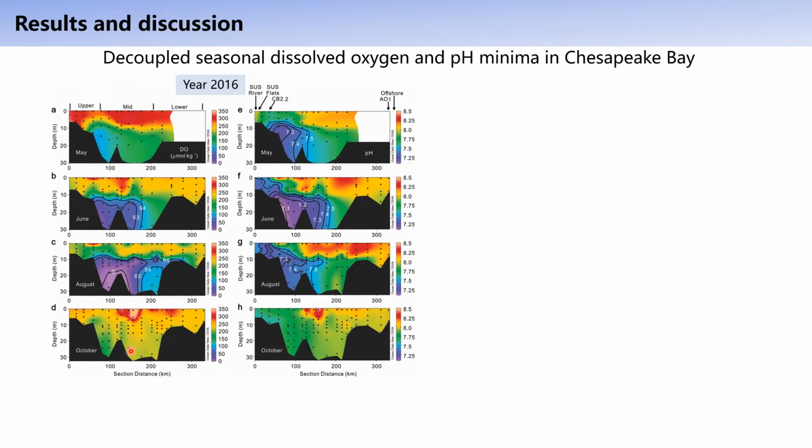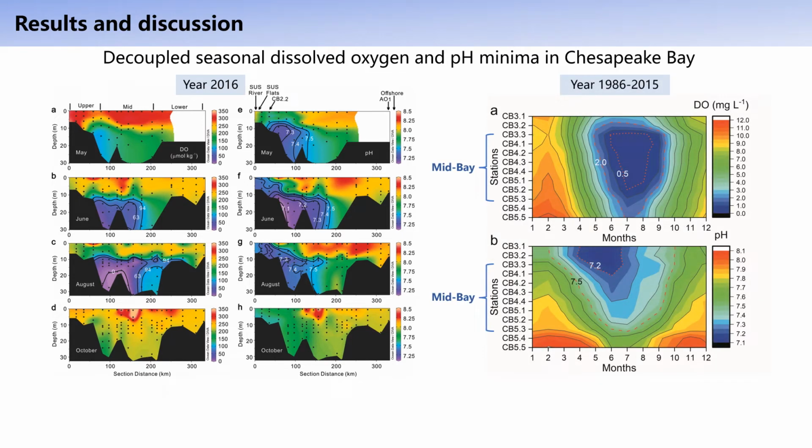And the water column was reoxygenated in October due to the temperature decrease and stronger physical mixing. However, the bottom pH reaches its minimum in June and increased in August. So the DO and pH minima appeared at different times and they have a seasonal mismatch.